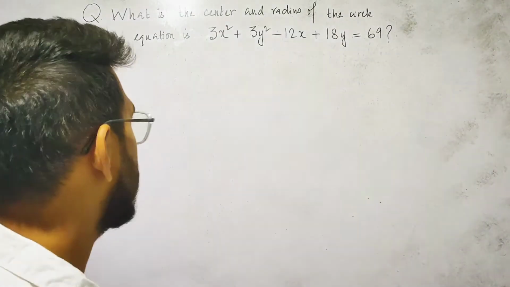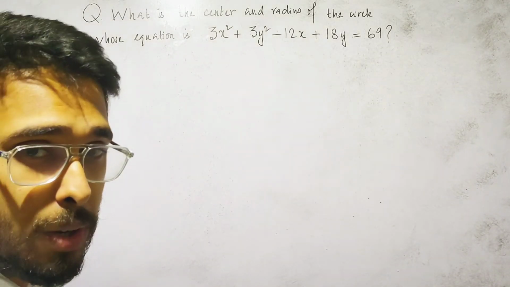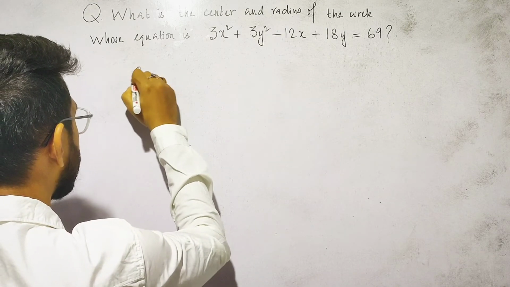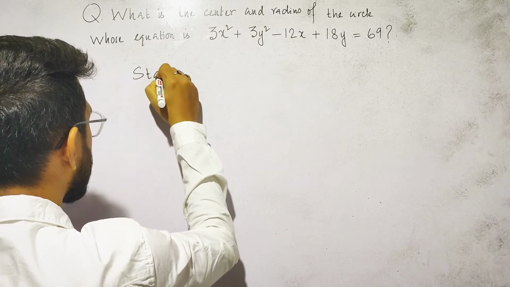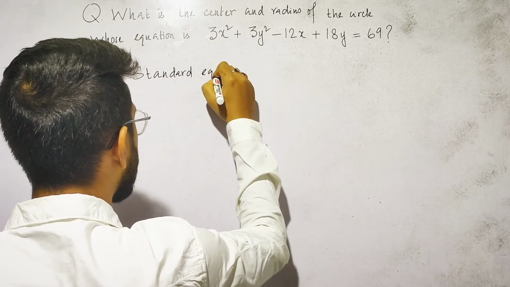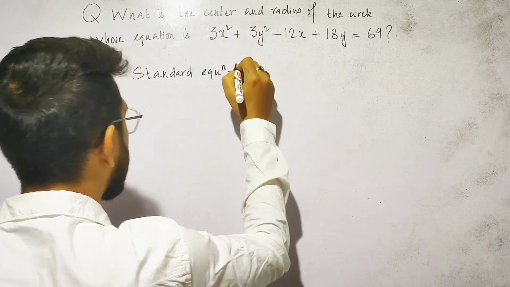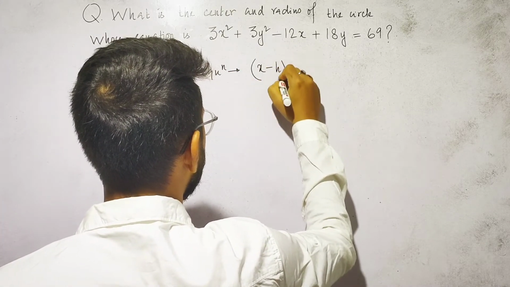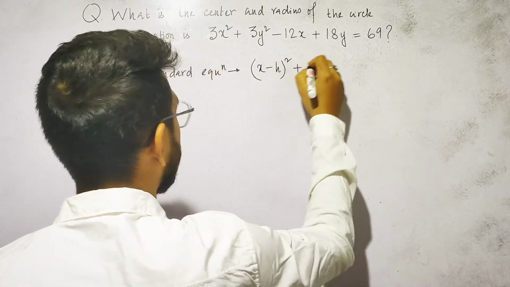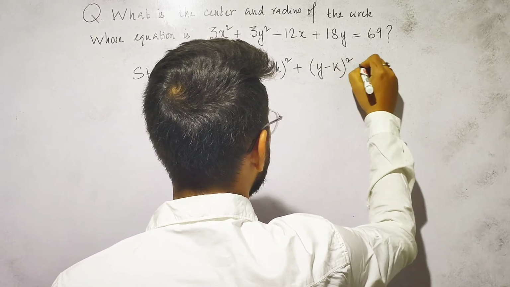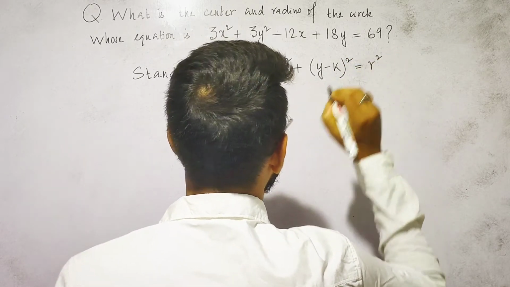Now let us compare this equation with the standard equation of the circle. The standard equation of the circle is given as x minus h whole square plus y minus k whole square equals r square.